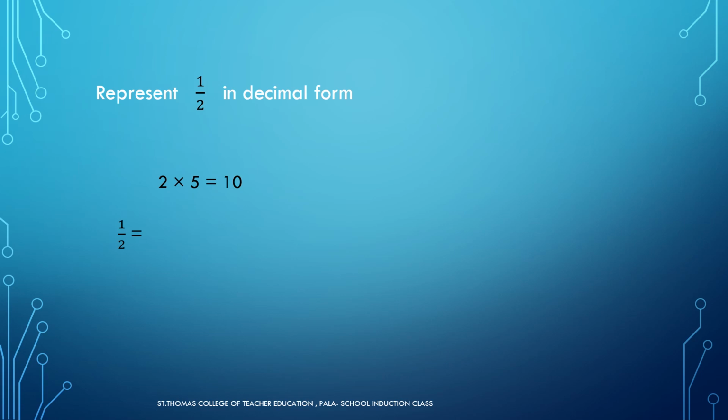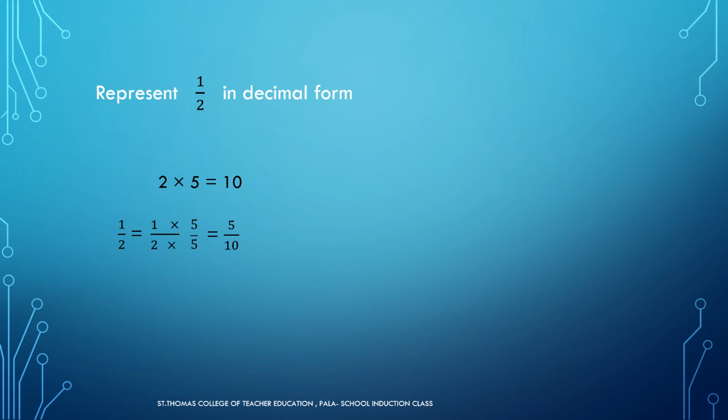Yes, we know that we have to make 2 into 10. So we have to multiply the numerator and denominator by a suitable number. Tell me which is that suitable number. Yes, it's 5. So what will be the answer? Yes, it will be 5 by 10 because 1 into 5 equal to 5 by 2 into 5 equal to 10.